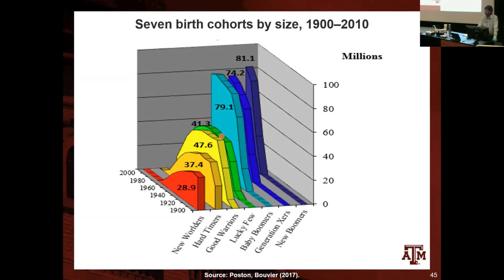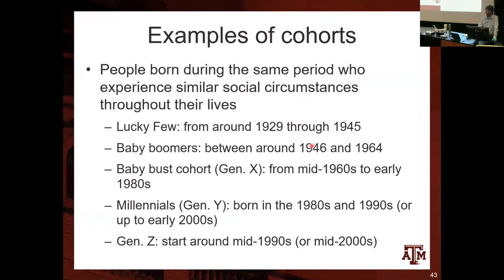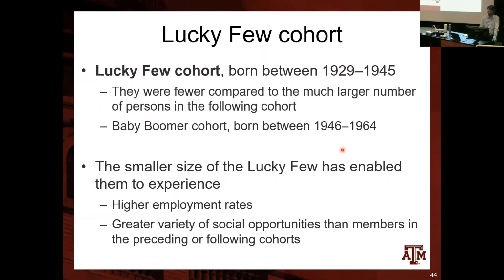And then you see the jump between the lucky few and the baby boomers. The baby boomers were pretty much 80 million people, the overall number of people that were born exactly between 1946 and 1964.